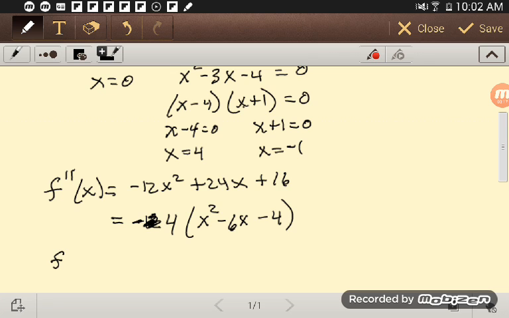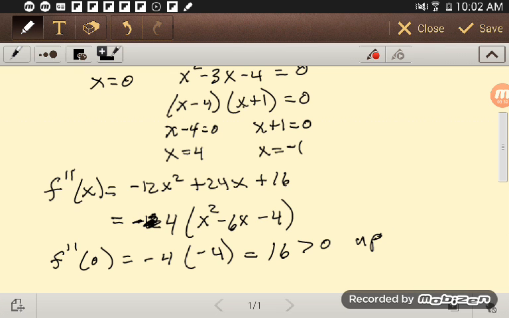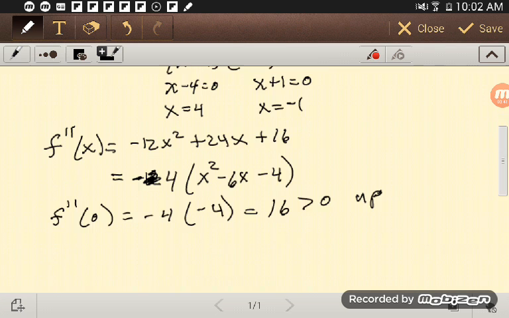So f double prime of 0 is equal to negative 4 times negative 4, so we get positive 16, so greater than 0 there. So this is concave up, looks like a minimum there.